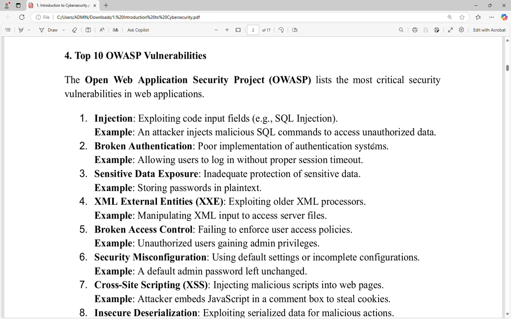When we are talking of exploiting code input fields, this is when we are talking about a search bar.